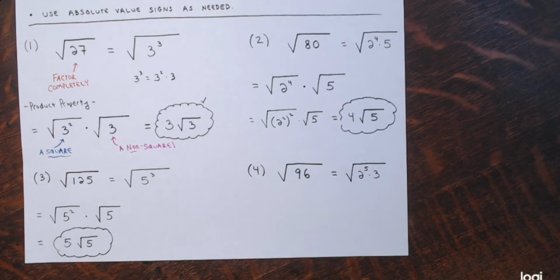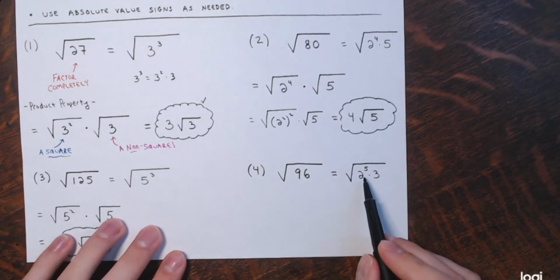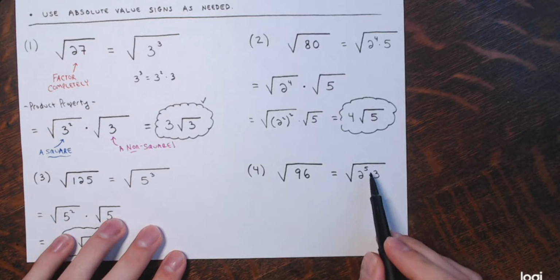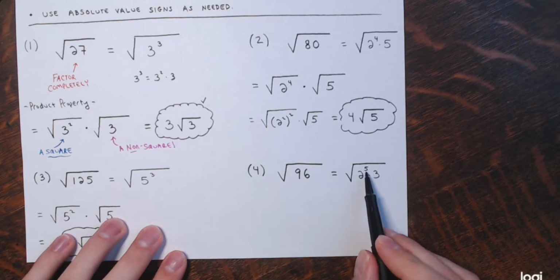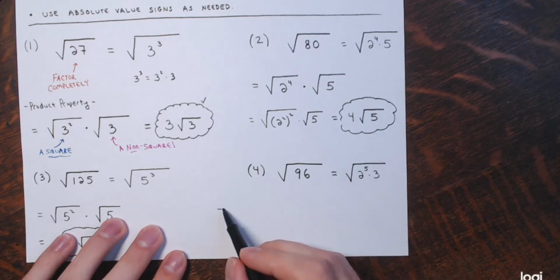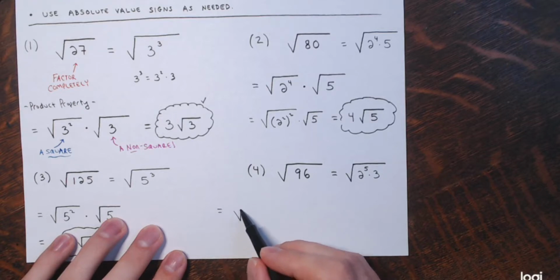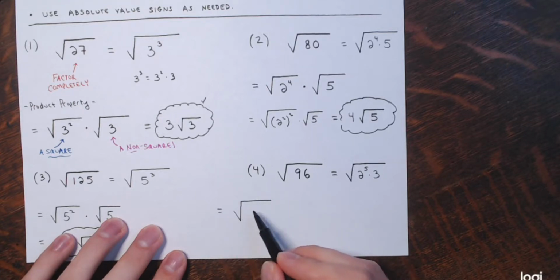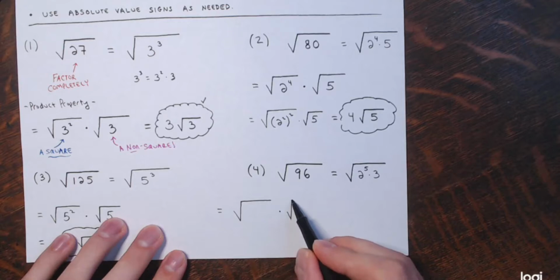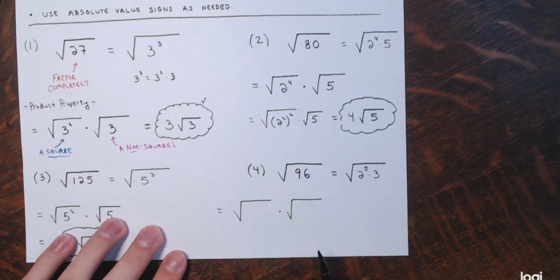And again, now these don't have even powers, but there are even powers hidden in here, right? Think about it. 2 to the 5th is 2 to the 4th, and any even power can be written as a square, right? We're square root here. So I'm trying to think of how to write this as the square root of squares times the square root of not squares.